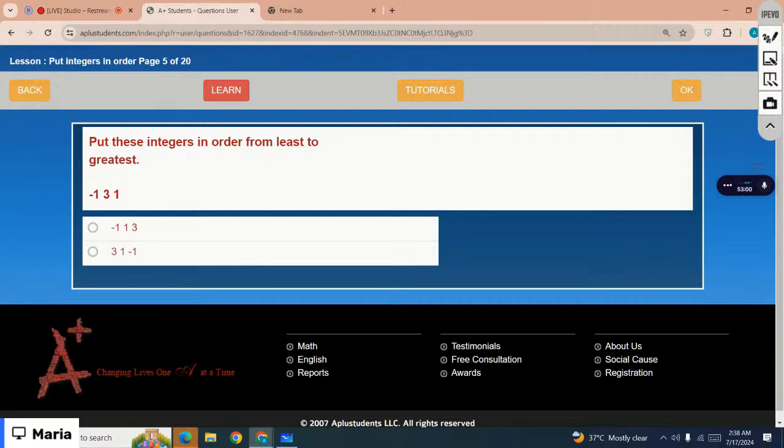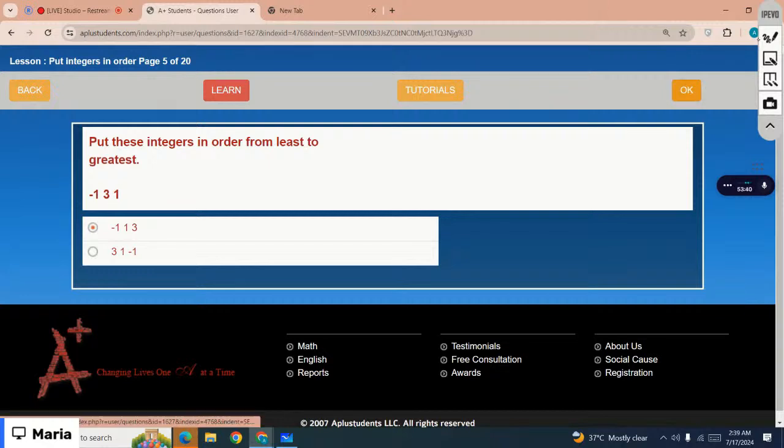Put these integers in order from least to greatest. So which is the correct option? Option number 1 is the correct option, right?